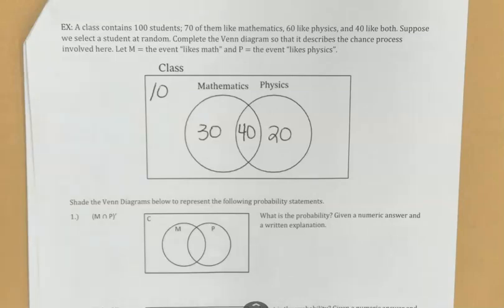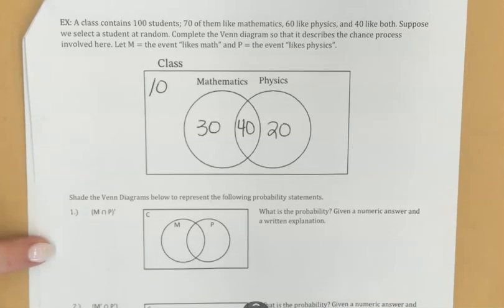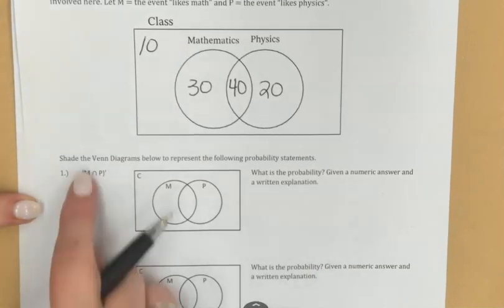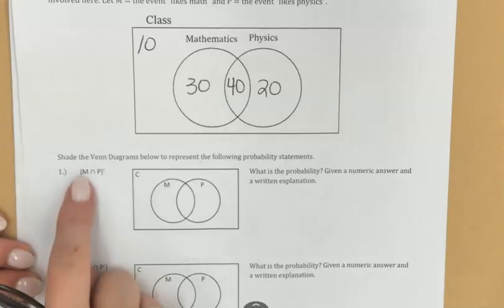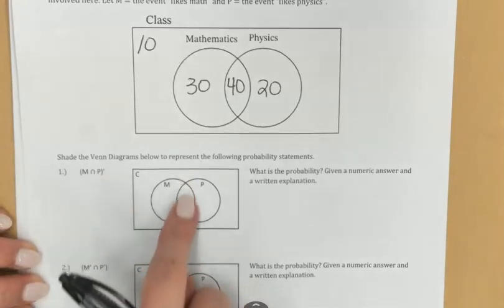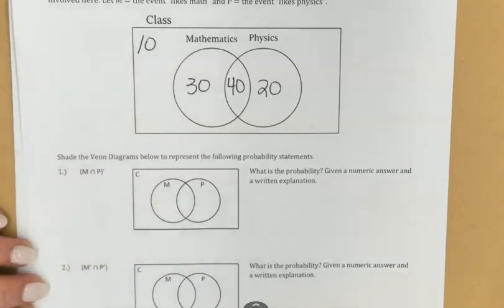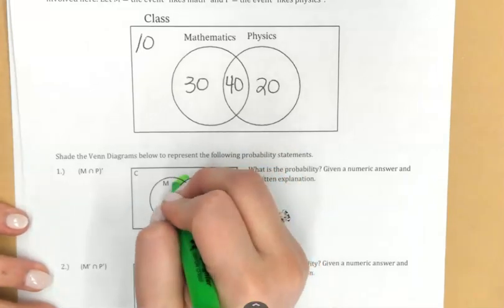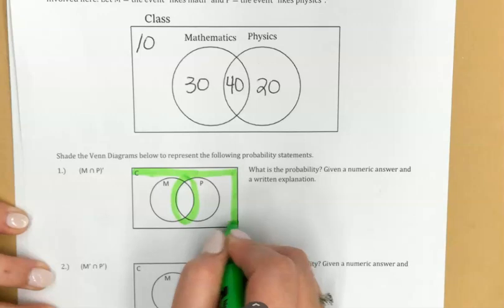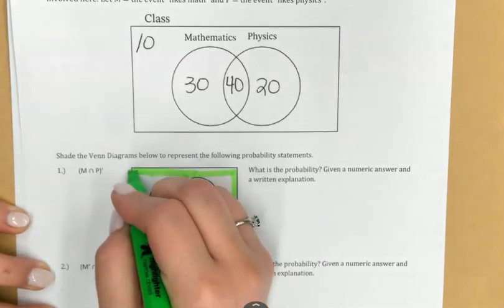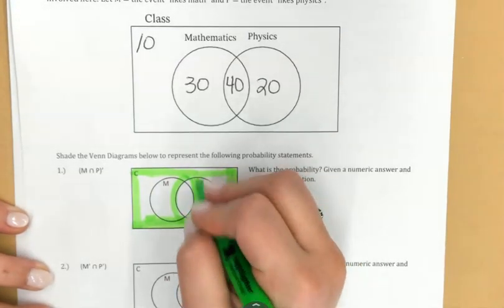Okay? Now that I've got all that data in my diagram, let's start answering some questions. So on number 1, first I'm going to shade so I know what numbers I'm looking at. M intersect P, again, that's that inner portion. And then not that. So that means I'm going to shade in everything else. So what I'm going to be looking at is everything except where my two circles overlap.